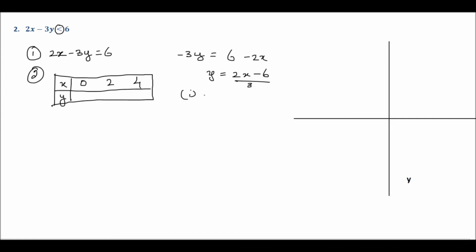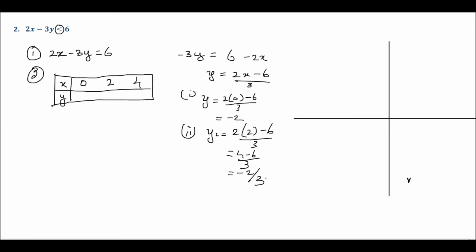Okay, first is 0. y is equal to 2 into 0 minus 6 by 3, equal to minus 6 by 3, which becomes minus 2. And the second one, I am substituting 2 here, y for 2 is 2 into 2 minus 6 divided by 3, which will be 4 minus 6 by 3, which will be minus 2 by 3, and it comes in decimal values.